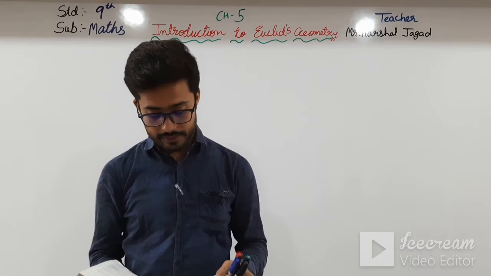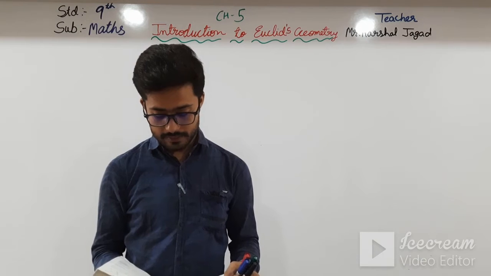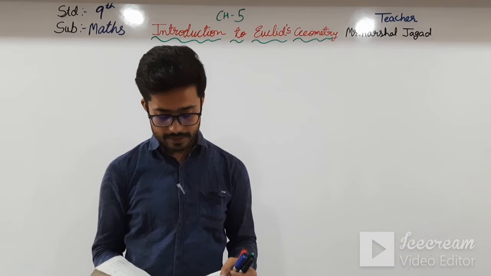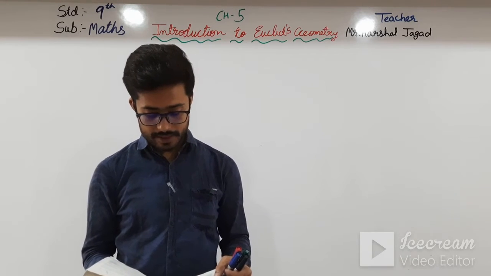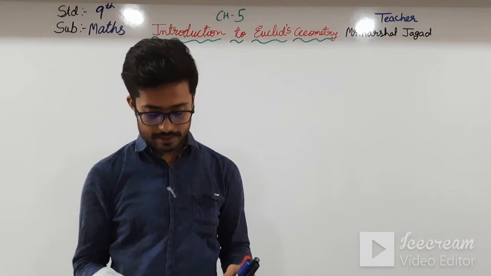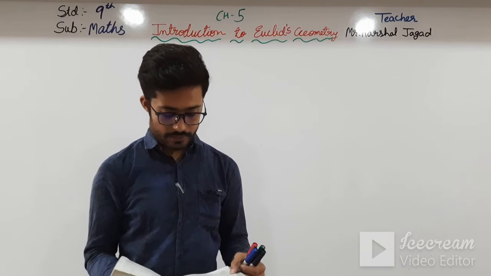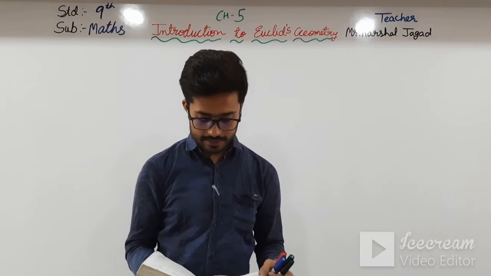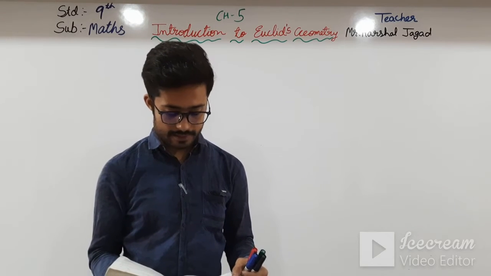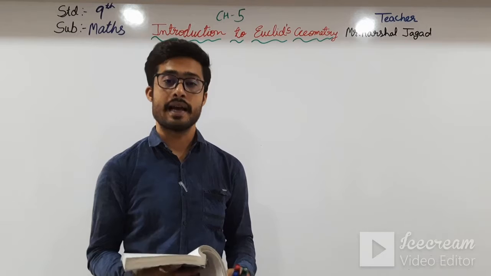And postulate 5: if a straight line falling on two straight lines makes the interior angles on the same side of it taken together less than two right angles, then the two straight lines, if produced indefinitely, meet on that side on which the sum of angles is less than two right angles.